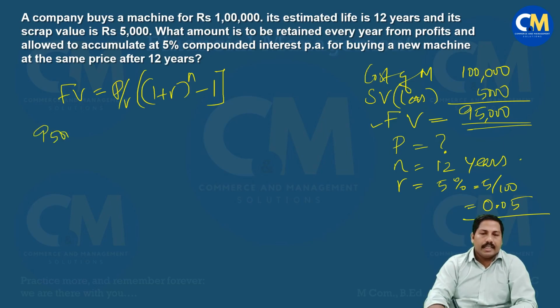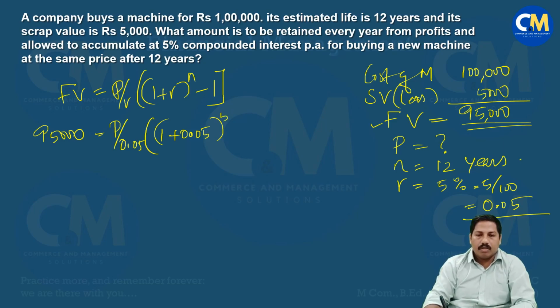So we can take future value, that is 95,000, is equal to P divided by 0.05 into 1 plus 0.05 raise n, which is 12, minus 1.